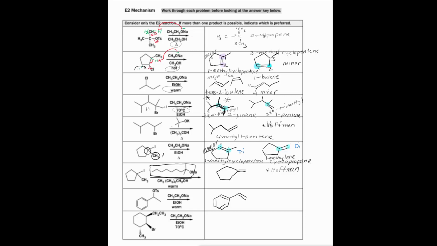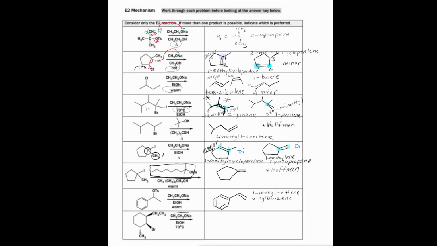So the only product that can form is this product. And we would call this 1-phenylethene, or vinylbenzene.